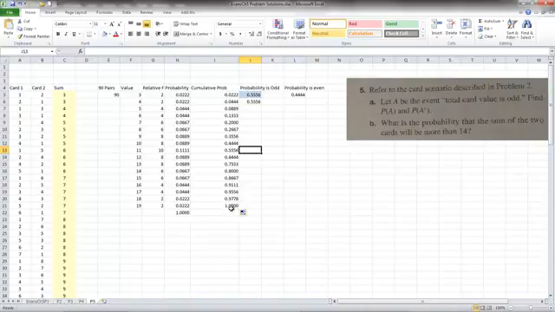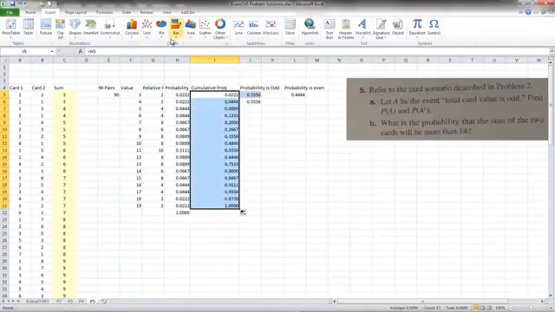Let me say that again. Okay. So we're going to use this cumulative probability function here. Let's just plot that really quickly. We'll go into insert and use a line chart.